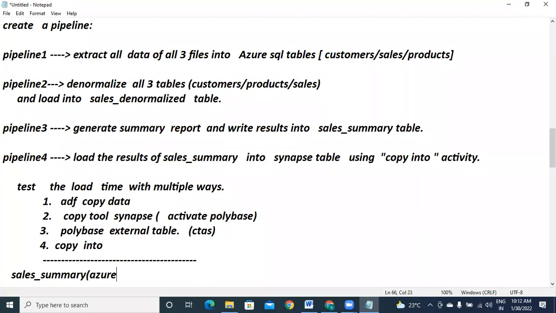This is from Azure SQL. You are trying to load into the same sales_summary of Azure Synapse. Between them, I want the data lake as staging.